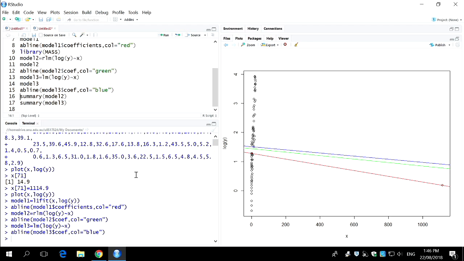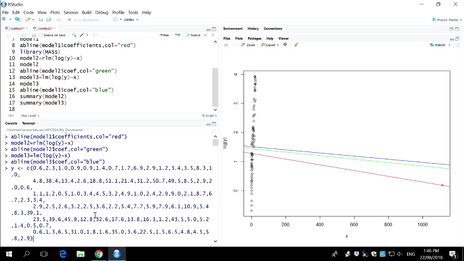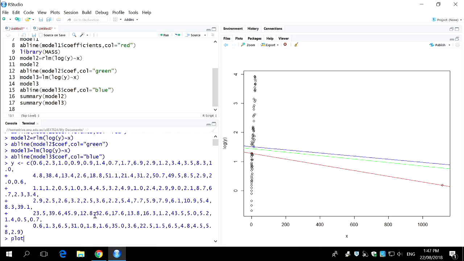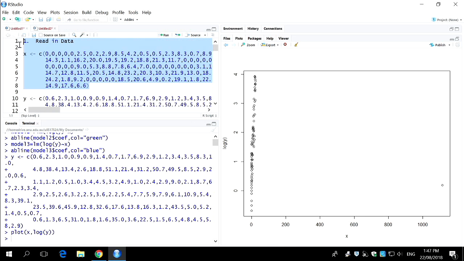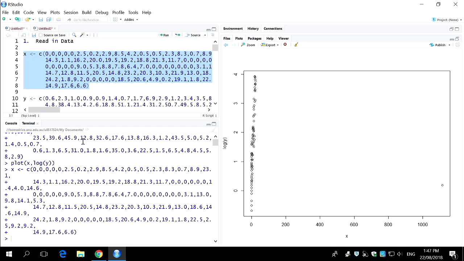So I'm going to go back again to my original data, back to the original Y. There's my original Y. I'm going to plot X and log Y. Oh, I changed X. Ah, thank you. When you're teaching a class, you realise you're not really that smart at all.